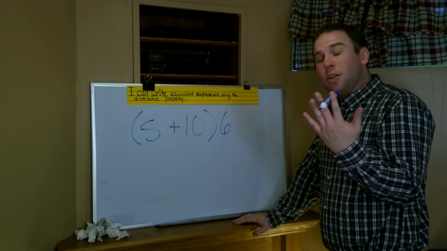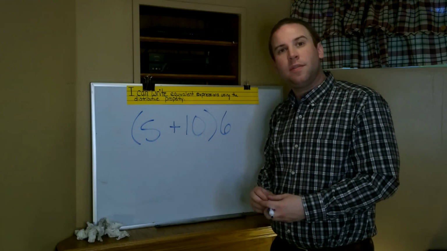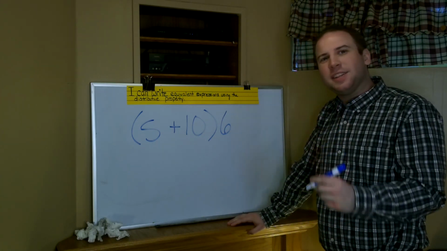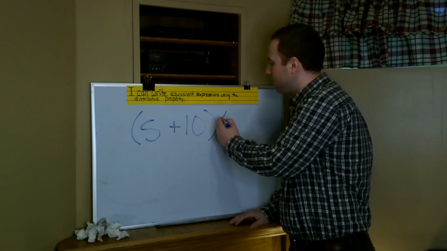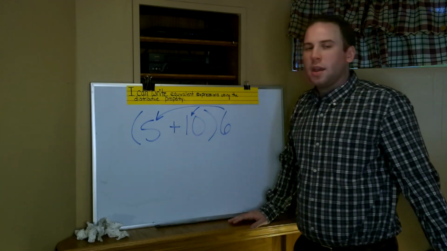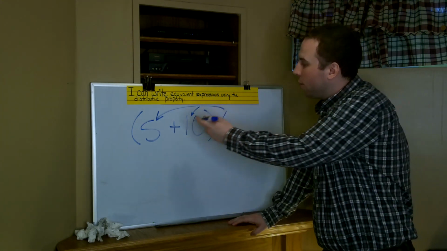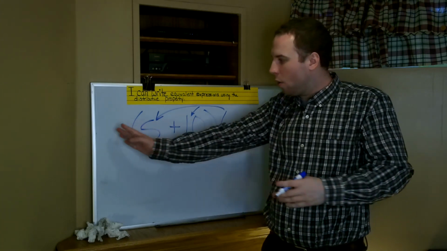Do you think that using the distributive property is the same way depending on what side the number is on? That's correct. It does not matter if it's on the left side or the right side. What matters is you need to multiply both the s and the 10 by 6.